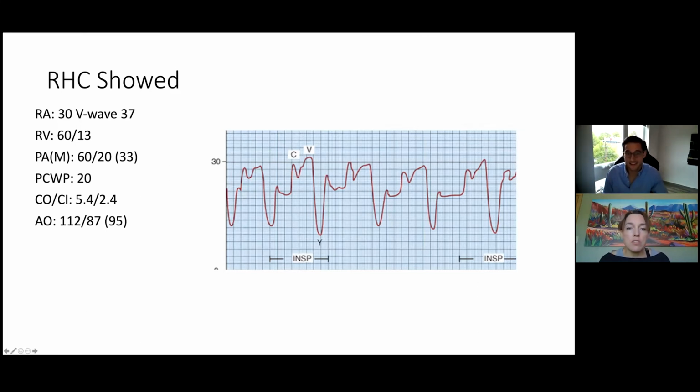So this is demonstrating that large V wave. Yeah, that's beautiful. So for the patient, exactly, the patient has a large V wave, which means they likely have some tricuspid regurgitation. And so we might be leaning more on the Fick than the thermo here.